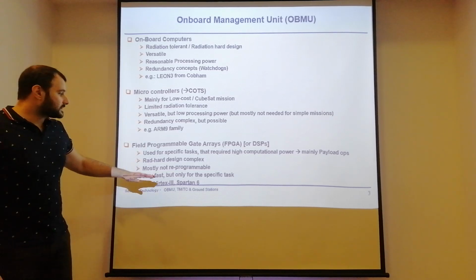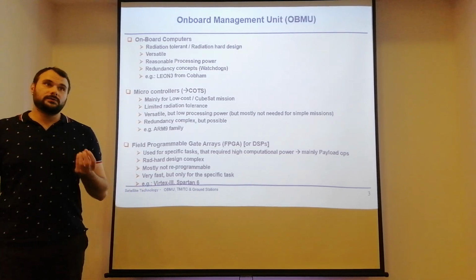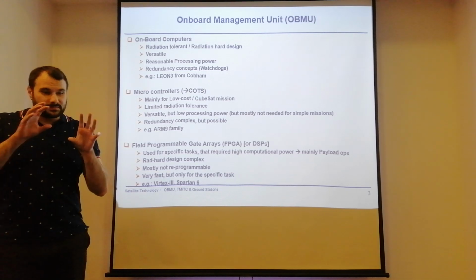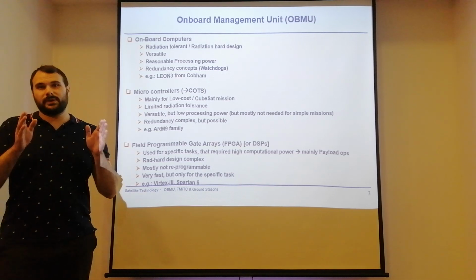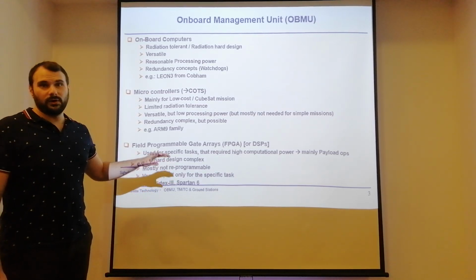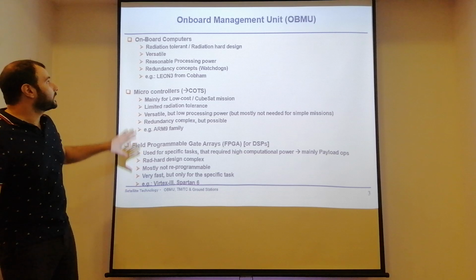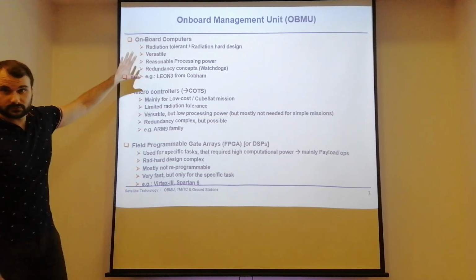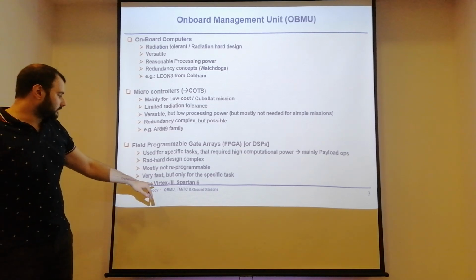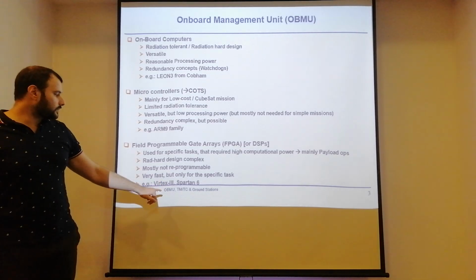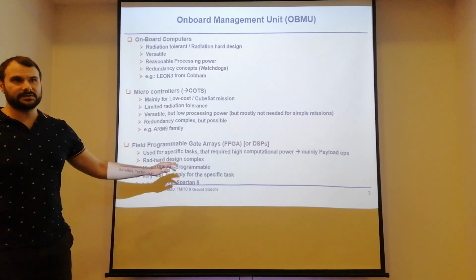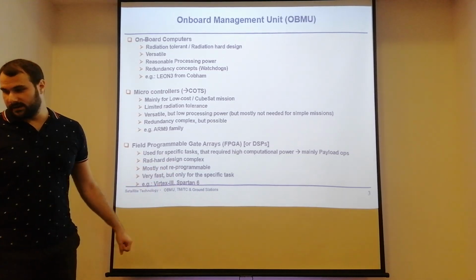They are very, very fast, but as I said, they can only be used for a specific task, so very specific, usually streaming tasks or parallel processing tasks. So this is not for everything that would be covered by the other two groups. And some examples, for instance, the Virtex 3, or a Spartan 6 as a more recent type of FPGA.